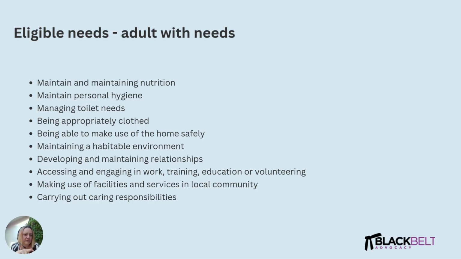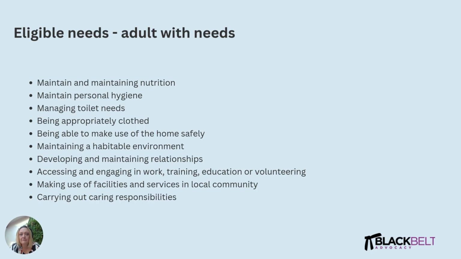Let me go to maintaining a safe house, a habitable environment. So let's say I have a condition that affects maintaining the house, cleaning the house, doing the washing. Let's say I have MS, something like that, and I get very, very tired, and even walking up the stairs is very tiring.